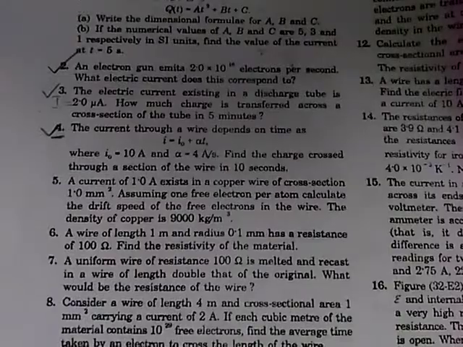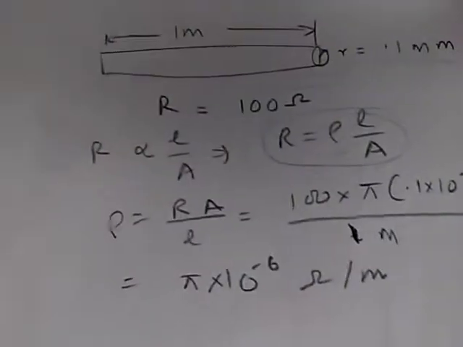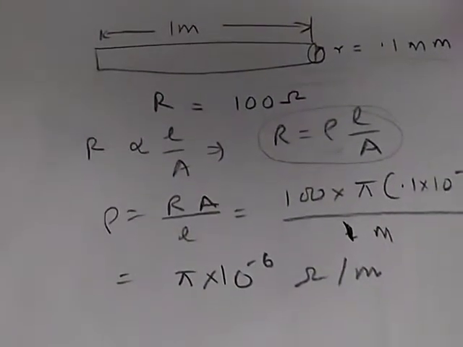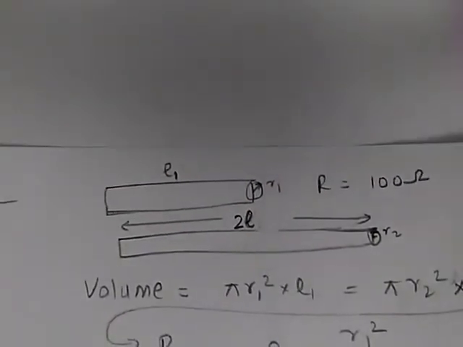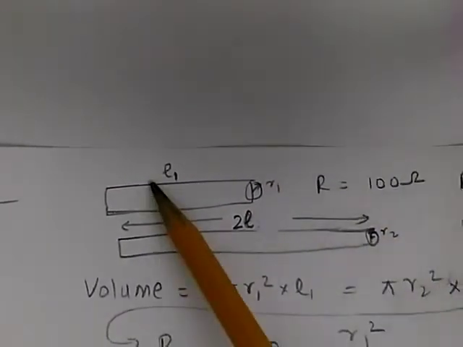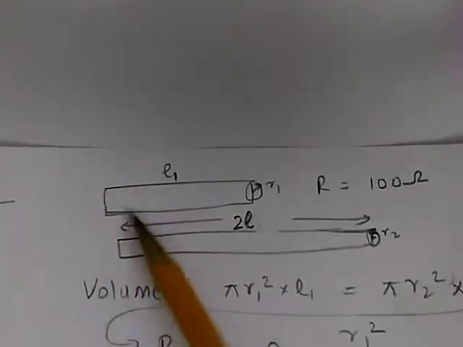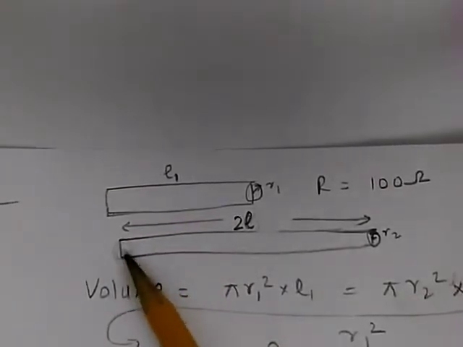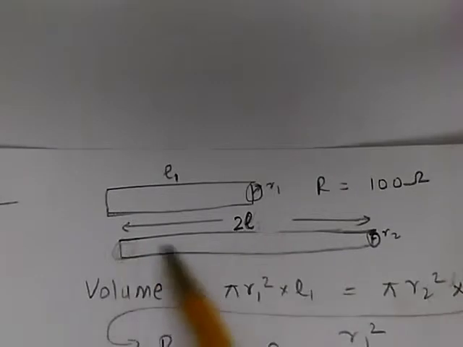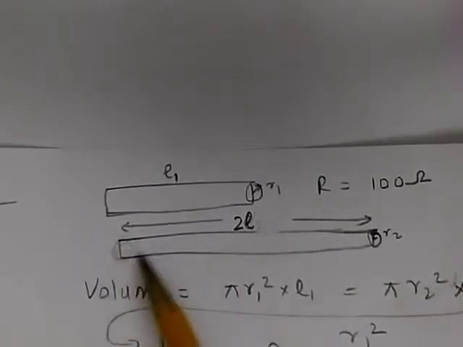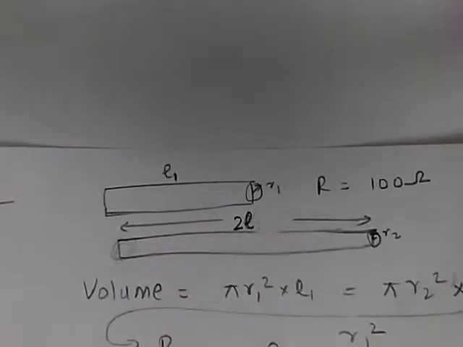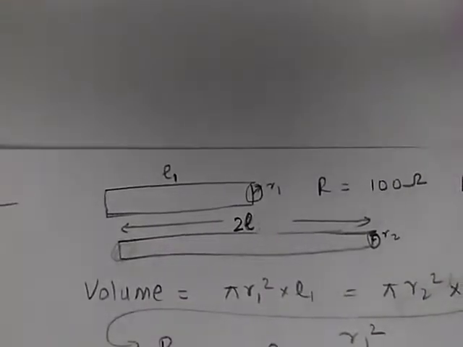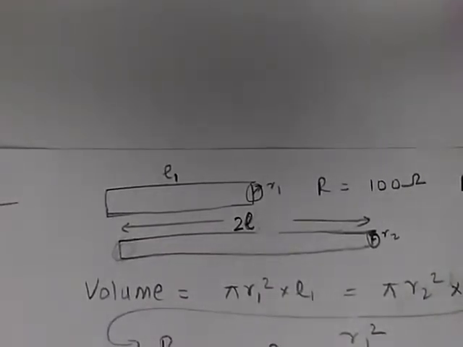If you melt it and increase its length, that will increase its resistance. Obviously, because the volume is the same, it will become smaller in cross-sectional area, and the smaller cross-sectional area means less room for the electrons to flow and more resistance. So we are guessing that its resistance will be higher.